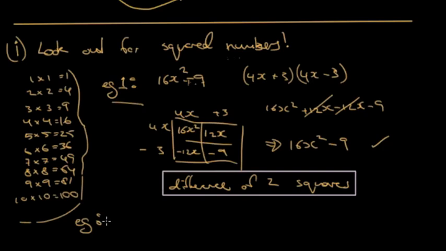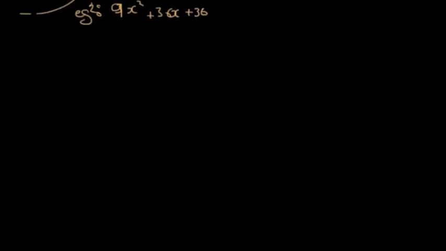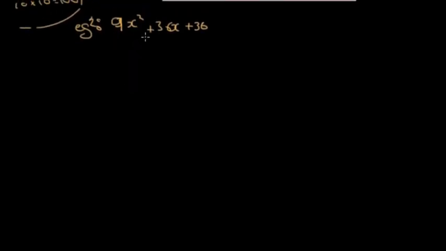EG2. What about if we get something that looks like this? We could have something like 9x squared plus 36x plus 36. And again, straight away, the first thing we say when trying to factorize is, are there any squares?